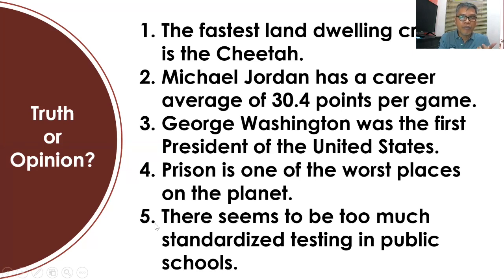And number five, from the word seems, it is based on the feeling, on the thinking of the author. There seems to be too much standardized testing in public school. Okay, number one, four, and five, they are all opinions because they are based on the feeling or attitude of the author toward these particular statements.